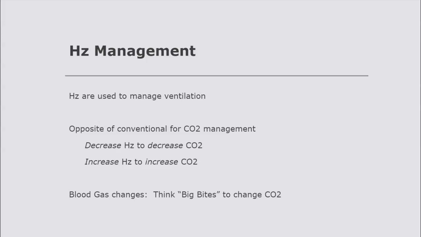Or opposite, maybe I have a CO2 in the low 30s. Oh crap, I need to make changes. That's not where I want my blood gas to be. Because remember, by changing 1 hertz, you change the rate or cycles by 60 breaths per minute. And that's why it ends up being the big bytes.